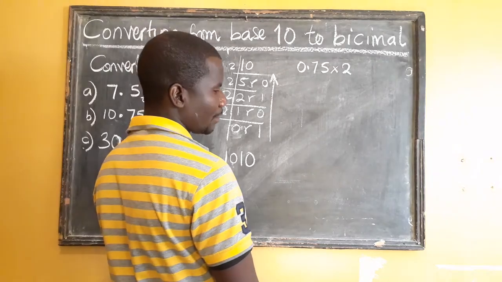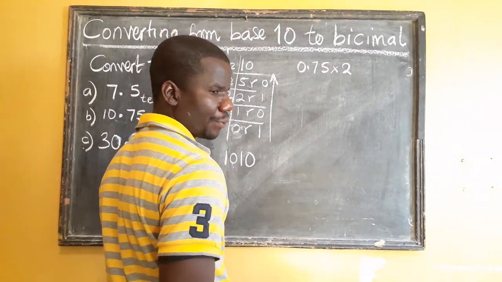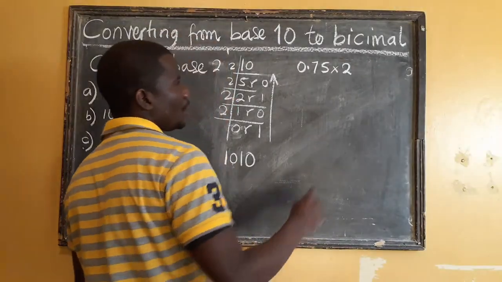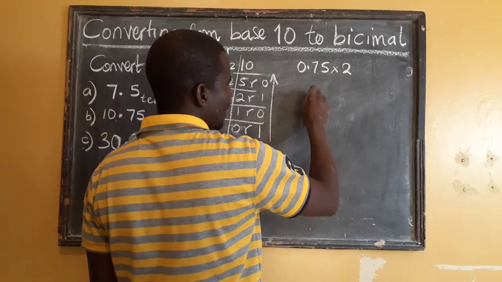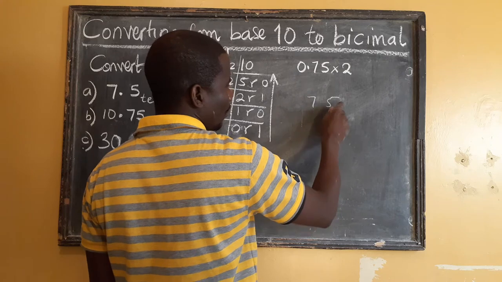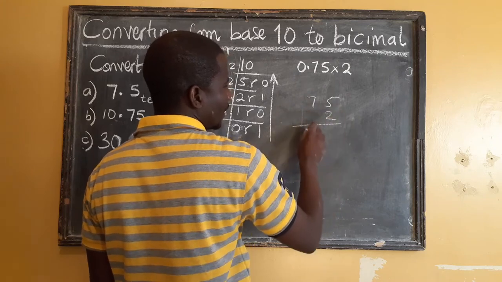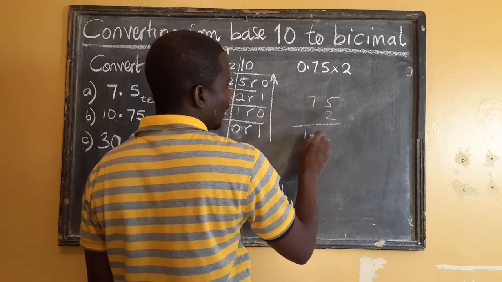You need to multiply it. I hope you are getting this. So when you multiply this one, when you multiply this, can you multiply? What do you get?